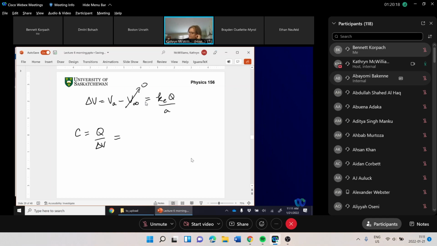So we do Q over k_e Q over A. The Q's cancel out, and we get A over k_e. k_e is 1 over 4 pi epsilon naught, so you can also write this as 4 pi epsilon naught A if you wanted to.